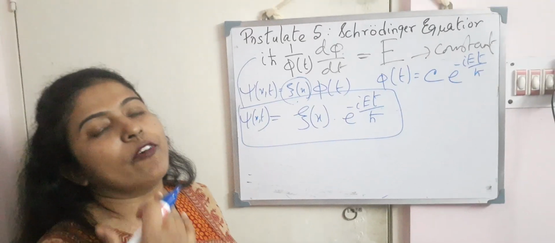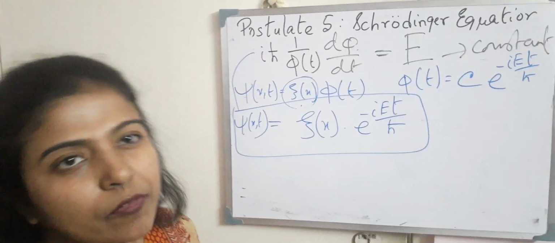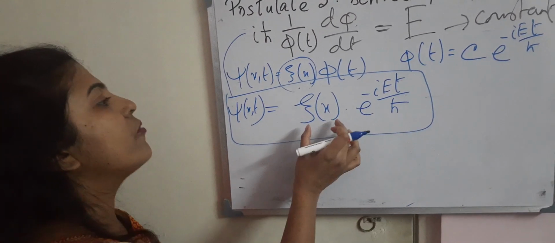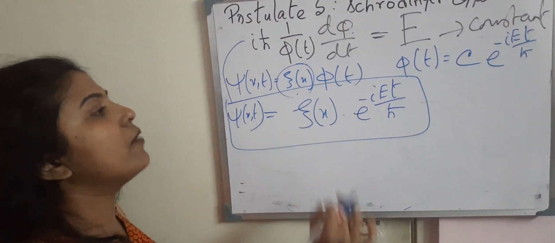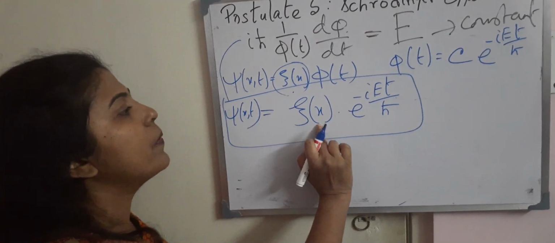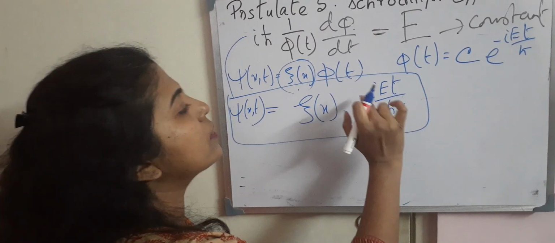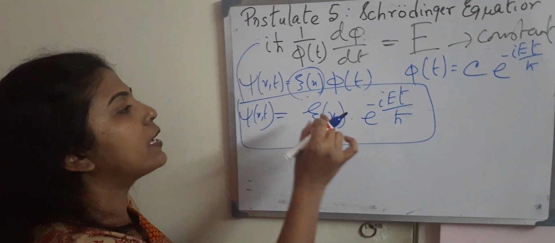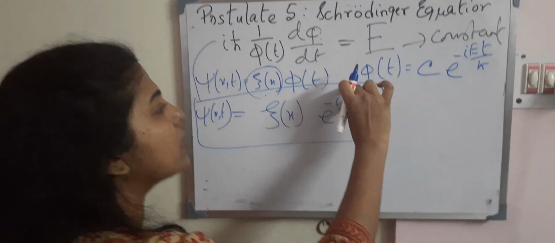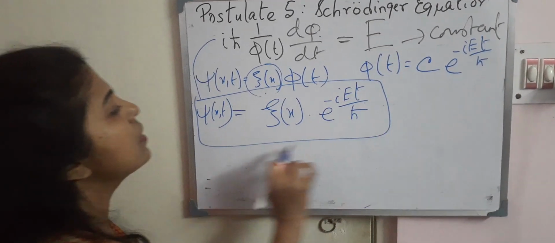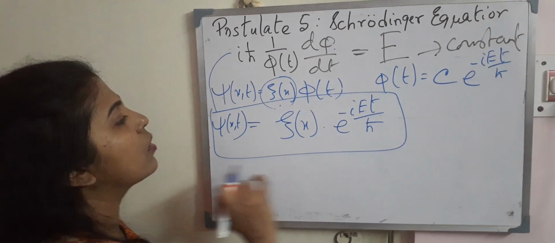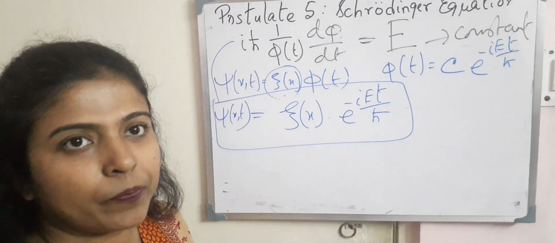For a given system we will know the potential energy and the boundary conditions, and from there we can find psi x easily and put it in this solution, and this time part will always look like minus iEt by h cut. And if we know psi x, we will also be able to find the energy eigenvalues. Putting psi x here and the energy eigenvalues will give us the complete solution of this equation.